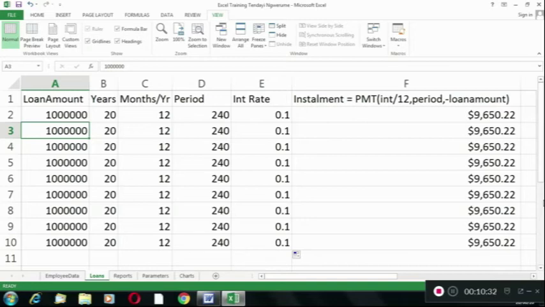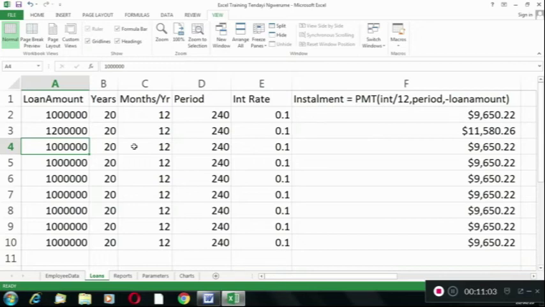Let me say 500,000. So $1.5 million. You can see that automatically it jumps to 14,000. But my limit is 12,000. So I can now play around. 100,000.